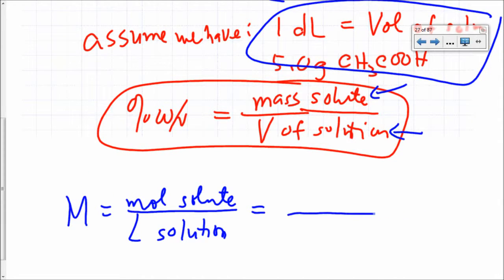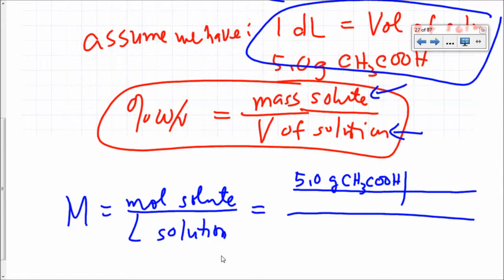So how do I convert 5 grams to moles? You use the molar mass, you divide by the molar mass. So times 1 mole over the molar mass of acetic acid, which is 60.06 grams per mole. That cancels out grams, so I just changed my grams of solute to moles of solute.